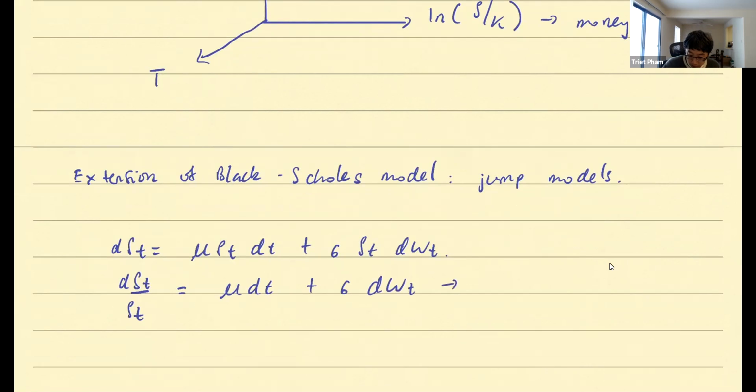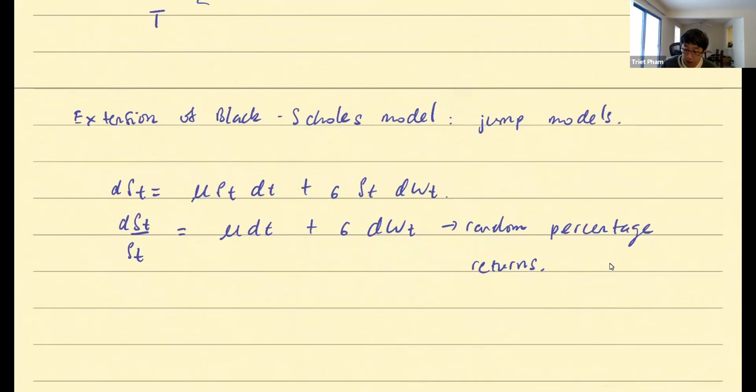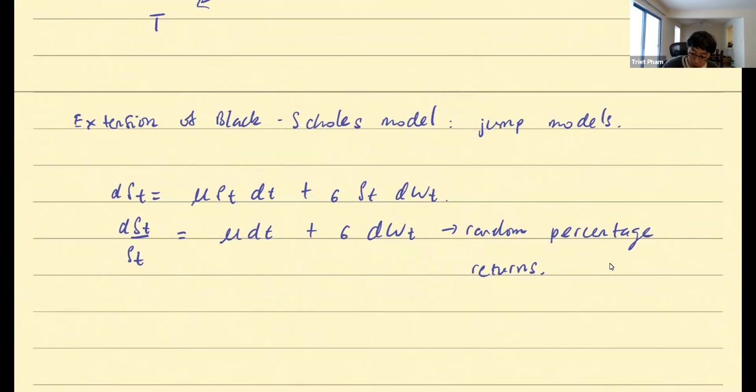So we have a random percentage return, normally distributed. But on the other hand, because the Brownian motion is continuous, the returns and also the stock price are continuous functions of time.